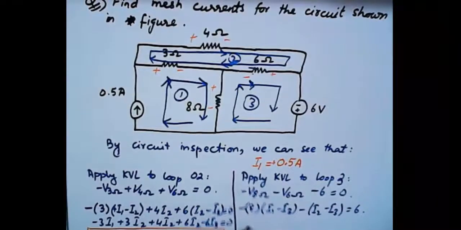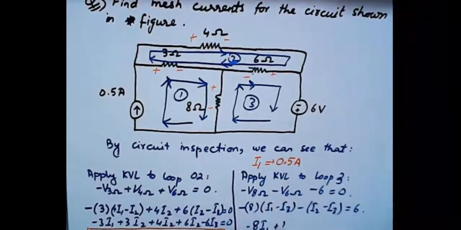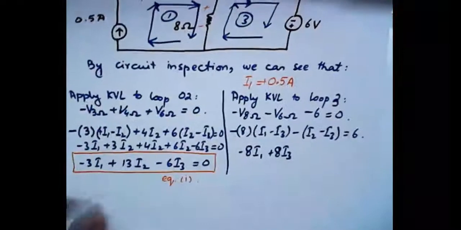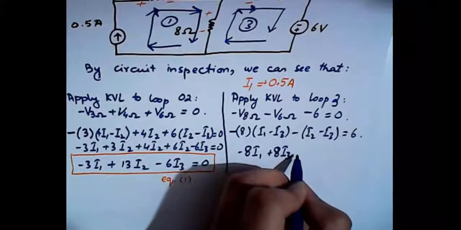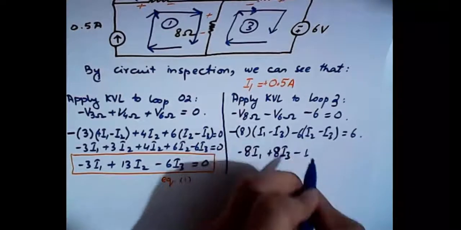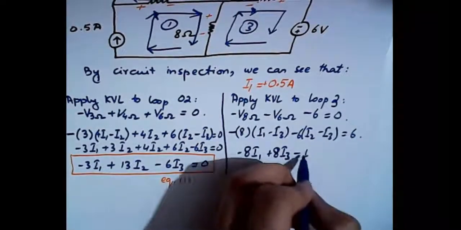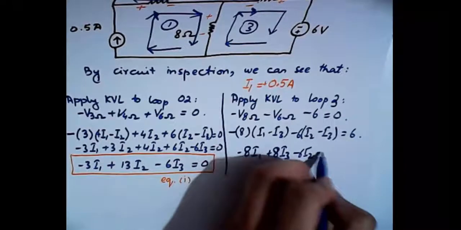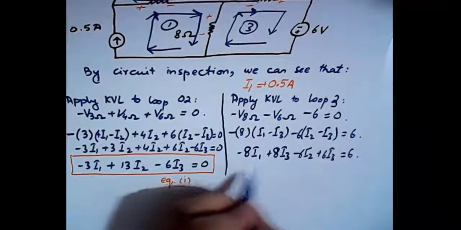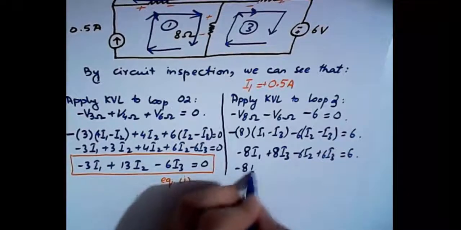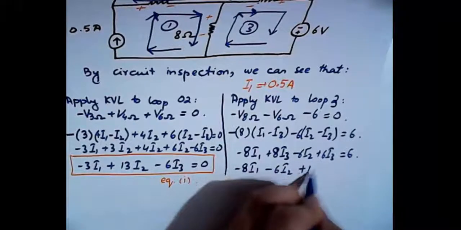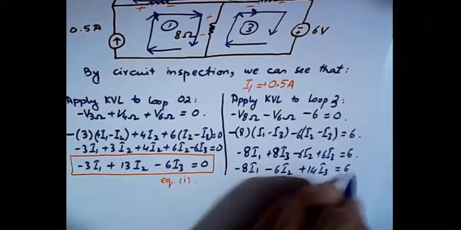So that makes minus 8 I1 plus 8 I3 minus 6 I2 plus 6 I3 is equal to 6, and minus 8 I1 minus 6 I2 plus 14 I3 is equal to 6, right?